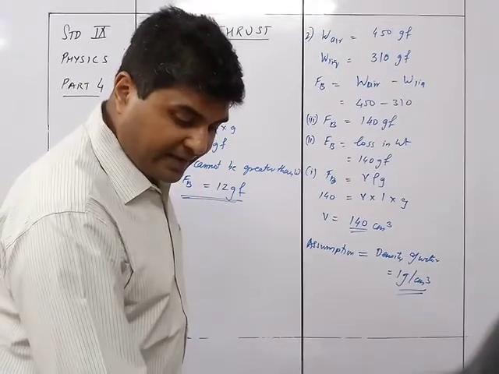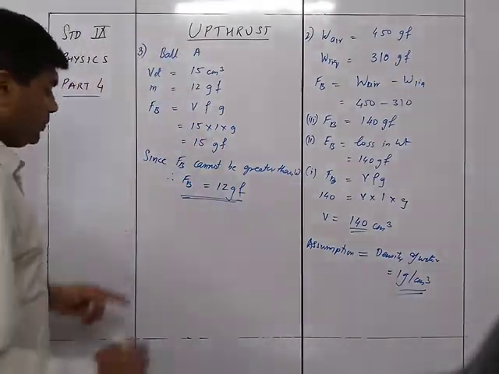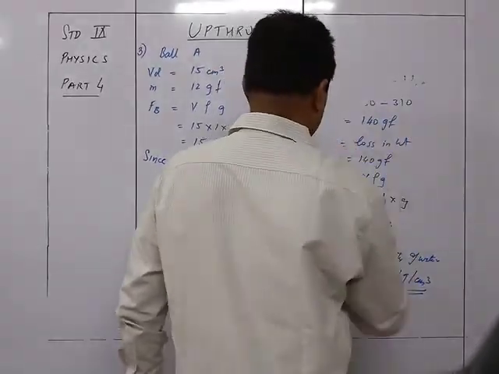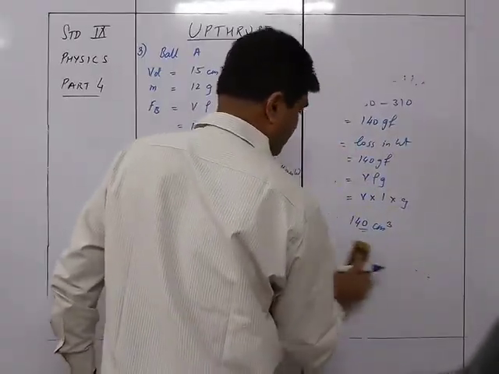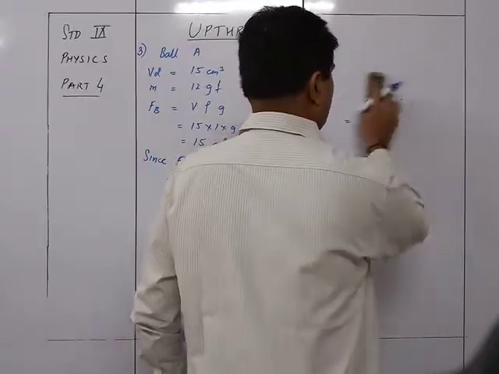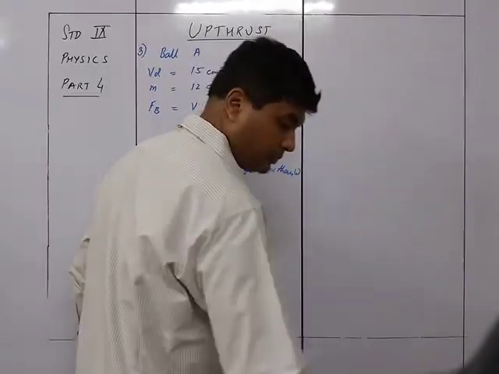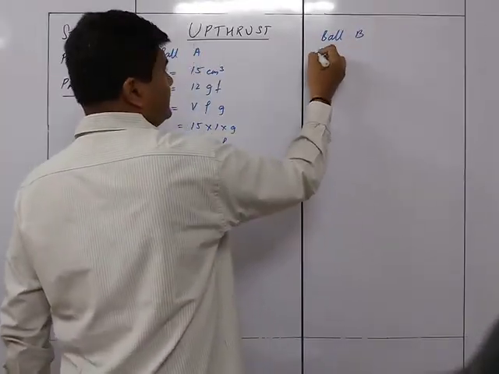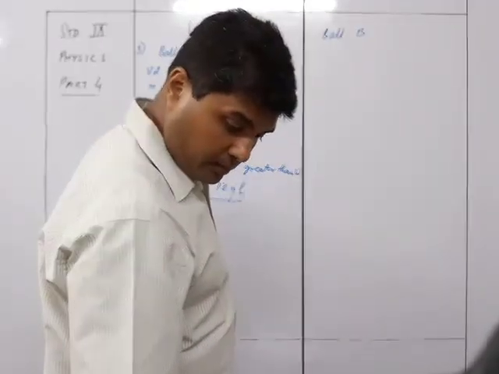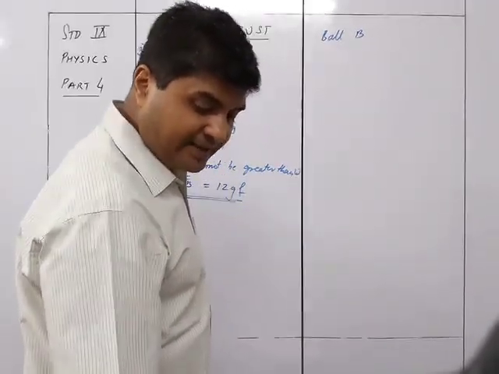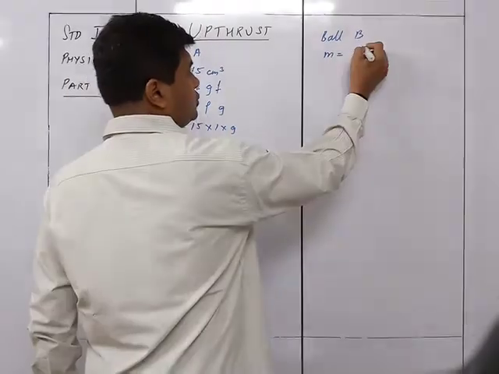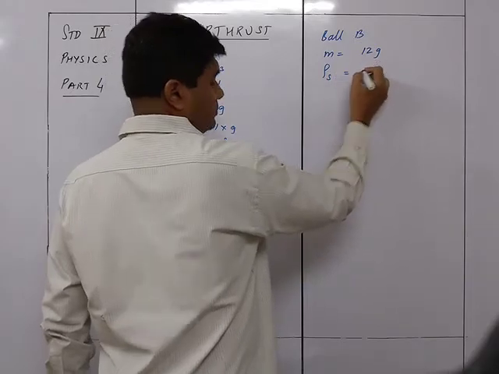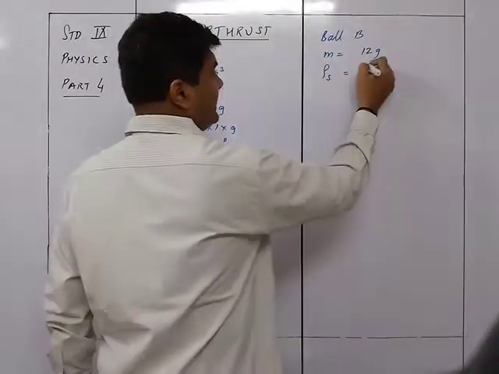Now we are going to see the next thing, and that is ball B. So ball B, they have given us that the mass is 12 grams and the density is 8 grams. So mass is equal to 12 grams, density rho S is equal to 8 gram per centimeter cube.